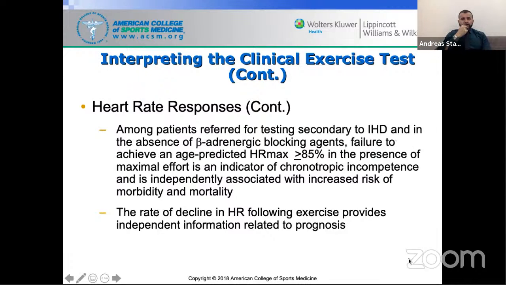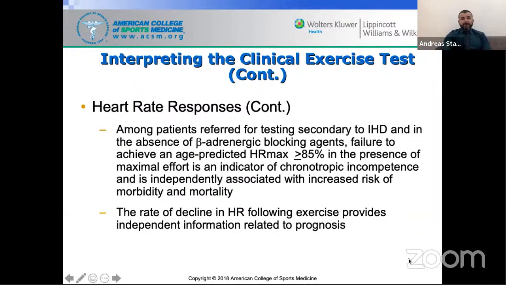What else? The rate of decline in heart rate following exercise provides independent information related to prognosis.